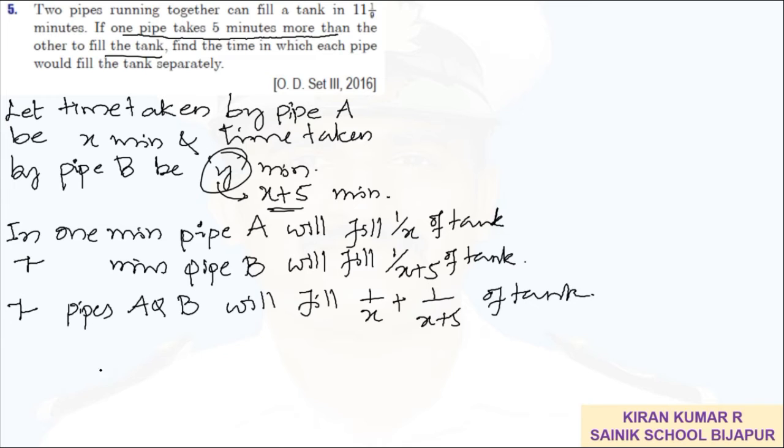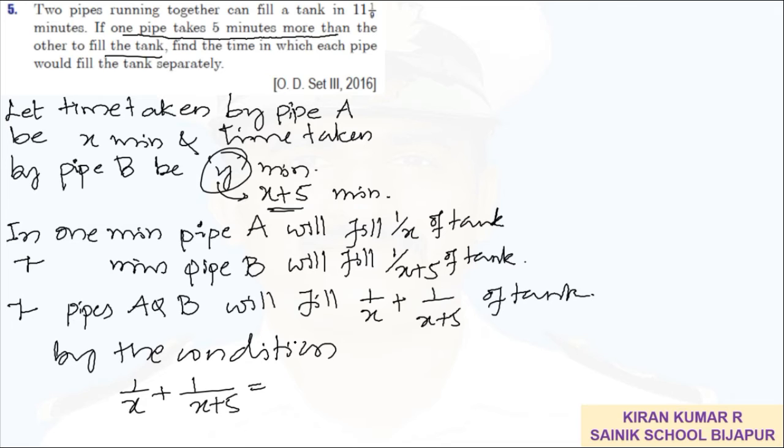According to the question, they fill in 1 1/9 minutes. So according to the condition, 1/x + 1/(x + 5) will be equal to, the reciprocal should be considered here.